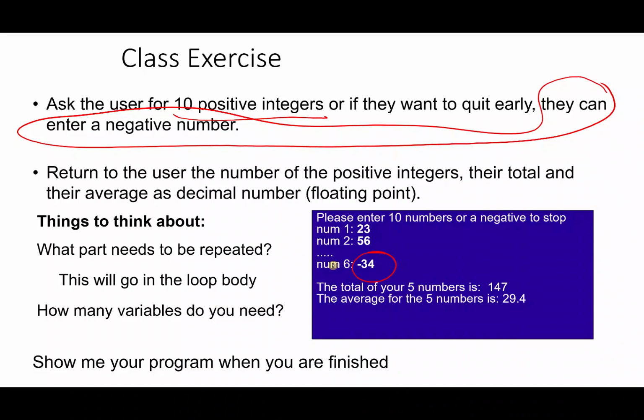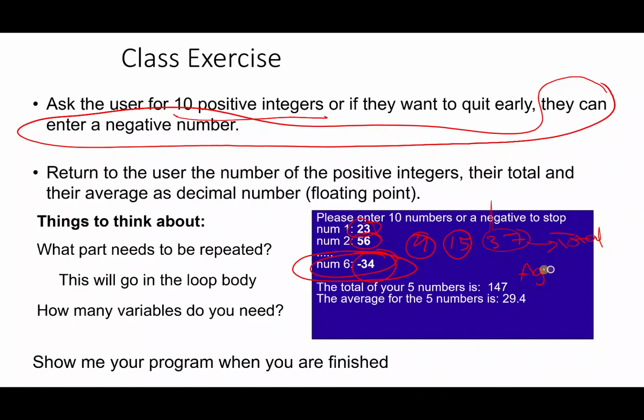And what I want you to do is not to count this in the total. Do not count it. So if I enter 23, 56, 4, 15, 37, and this is my 6th number, I'm going to count this, plus this, plus this, plus this only, and report the total and the average.